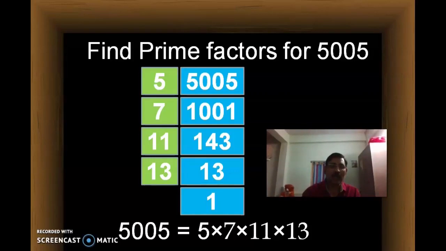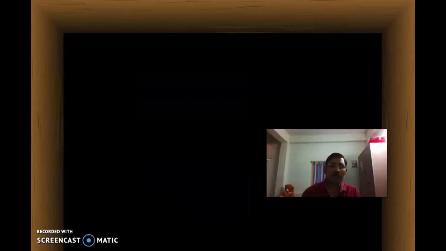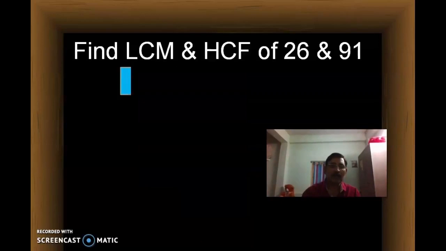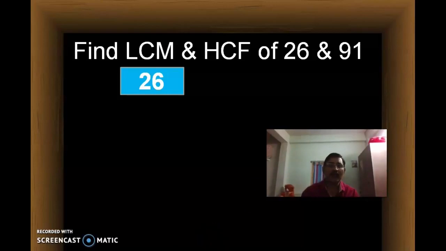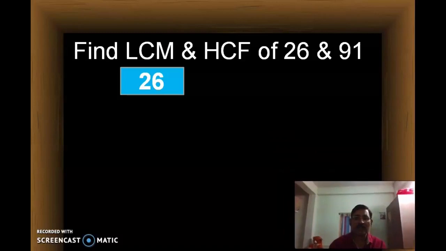Okay, now how can we make use of this fundamental theorem of arithmetic for finding the LCM and HCF of given numbers? Suppose we are given two numbers, 26 and 91. How can we find their LCM and HCF? Let us try to understand this.